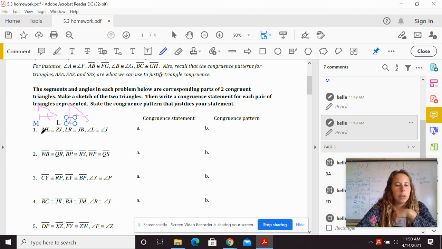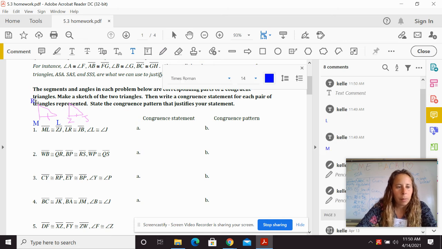So back to your first triangle. This first triangle is MLR. So R is up here. LR, this line, is congruent to JB. So B is up here. So this other triangle is ZJB.